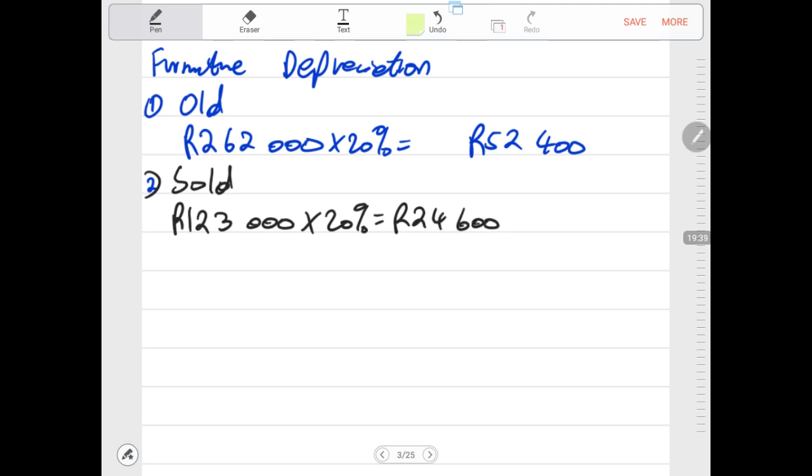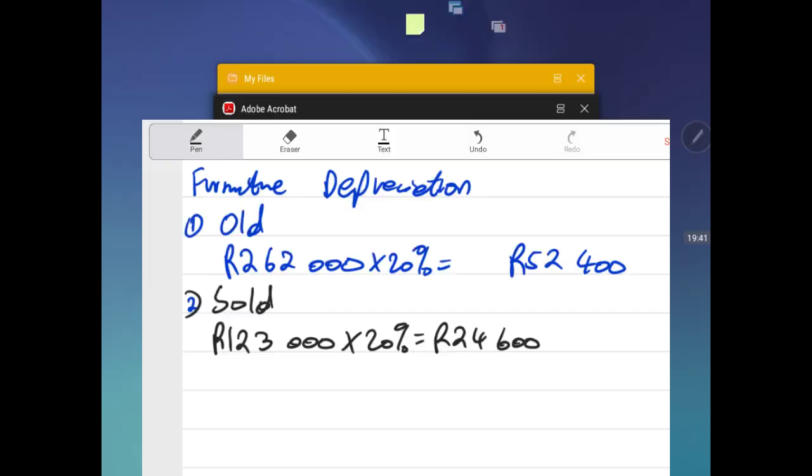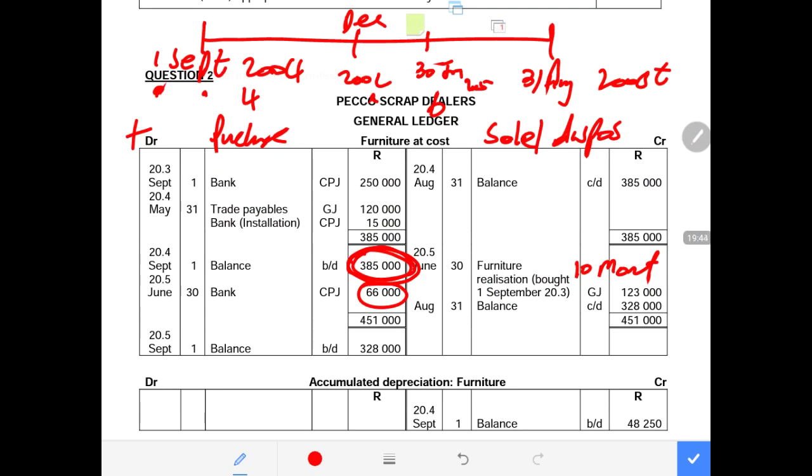But this furniture was only in the business for a period of 10 months. If you remember that, I said it was sold at the end of June 2005, meaning it was in the business from September up until June, which is September, October, November, December 2004, then January 2005, February, March, April, May, June 2005, a total of 10 months in the current year.